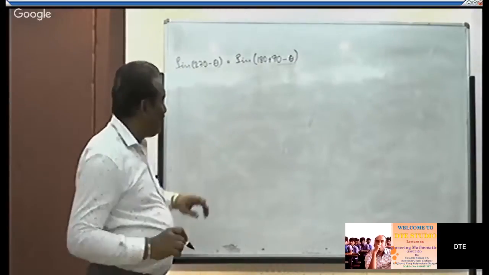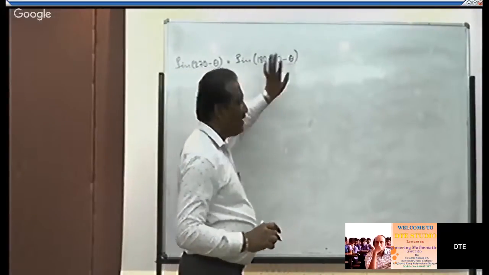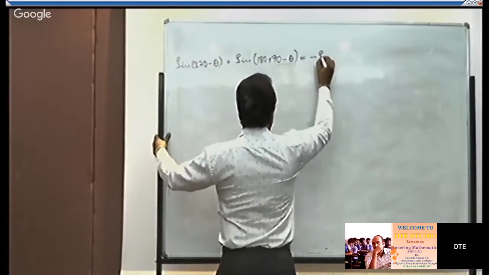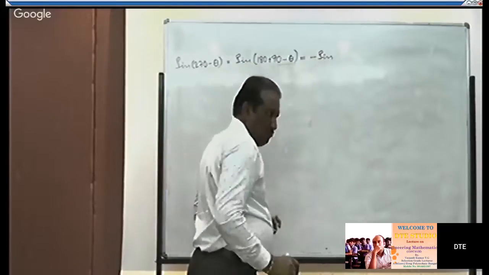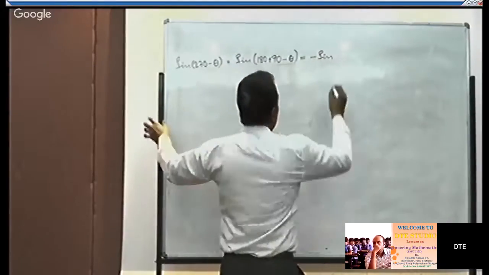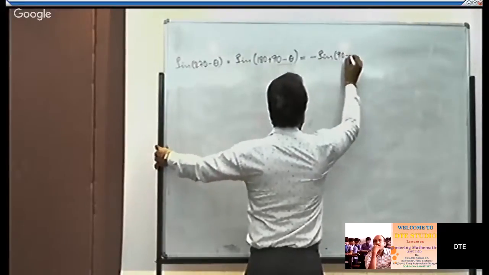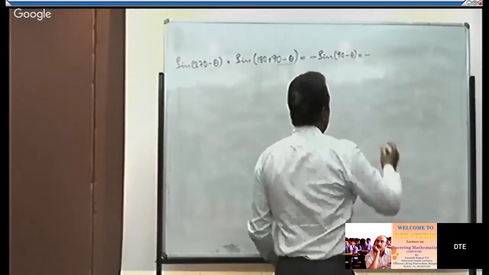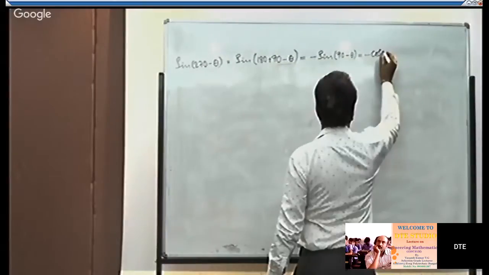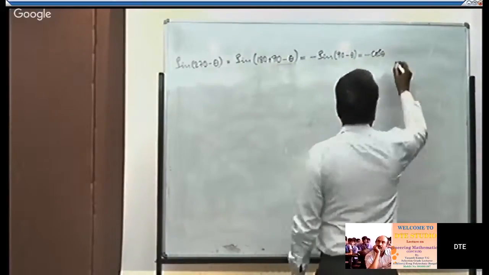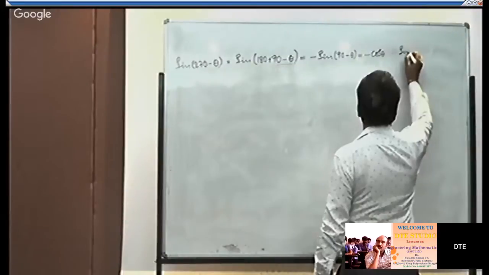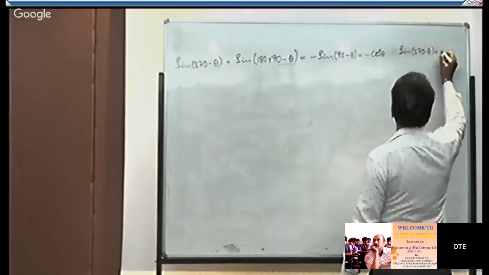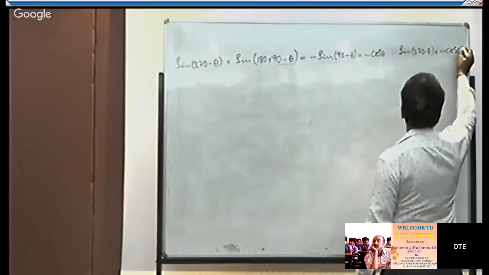If you assume like that, it becomes sine of 180 plus theta. We proved that sine of 180 plus theta is minus sine theta. In the place of theta, it is 90 minus theta, which is equal to minus sine of 90 minus theta, and that is cos theta. Therefore, the summary is sine of 270 minus theta is always equal to minus cos theta.